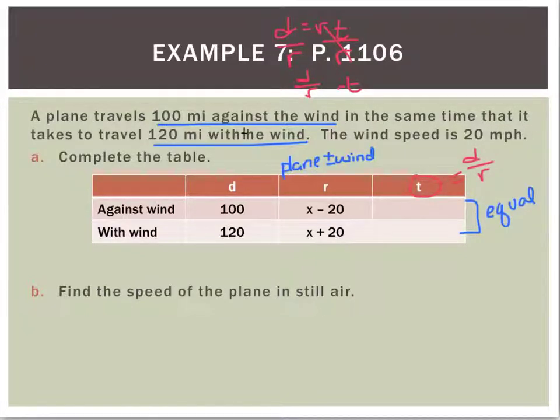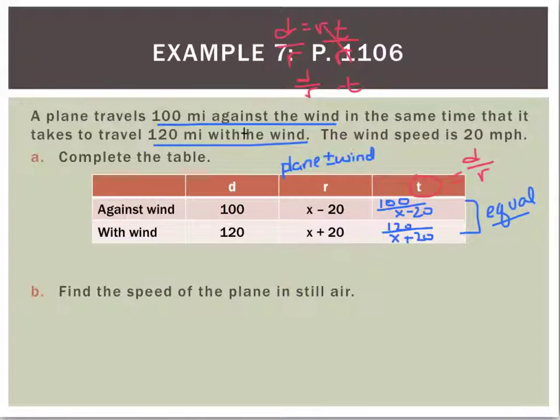So I'm going to write in my time as a ratio of distance over rate. So this is going to be 100 over x minus 20, and this is going to be 120 over x plus 20. And then remember that it said it was in the same time. We made a note that these were equal.